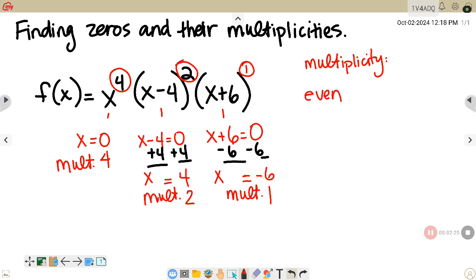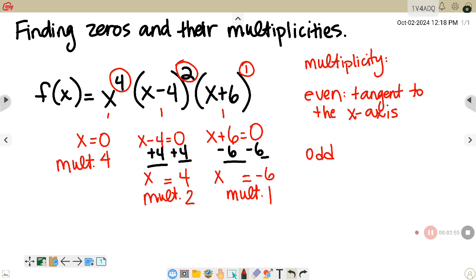So you're either an even number or an odd number for your multiplicity. If you are an even number multiplicity, that means that you are what's called tangent to the x-axis, which means that x-intercept is just going to touch the x-axis and go the other way.